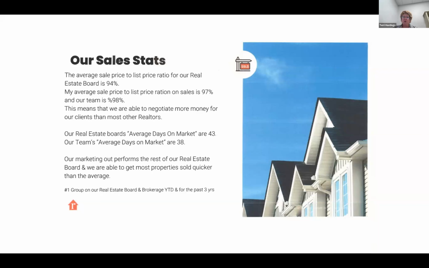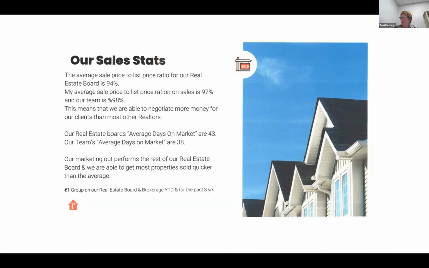So again, we're outperforming the board and selling properties quicker and for more money. That's what every seller wants, right? 100%. I'm just showing you our marketing outperforms the rest of the real estate board. We're able to get most properties sold quicker than average. That's really great. I love that.